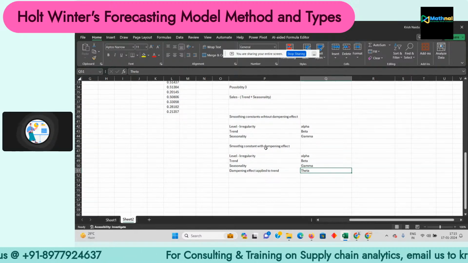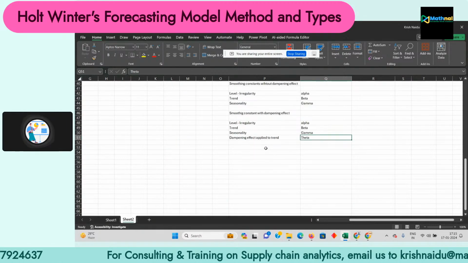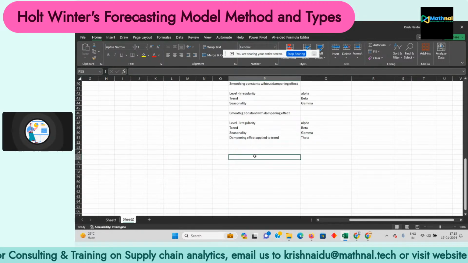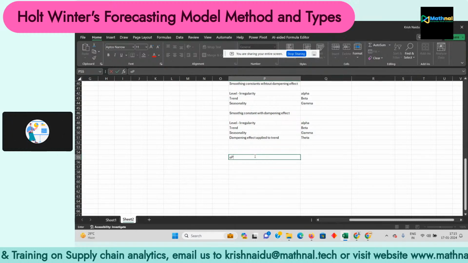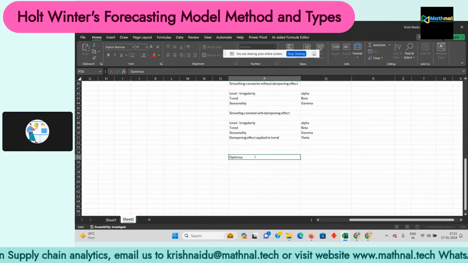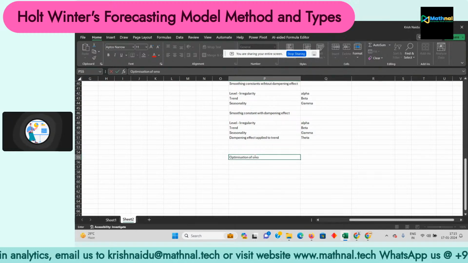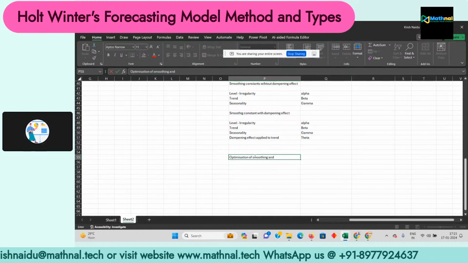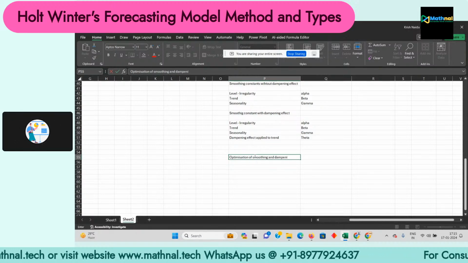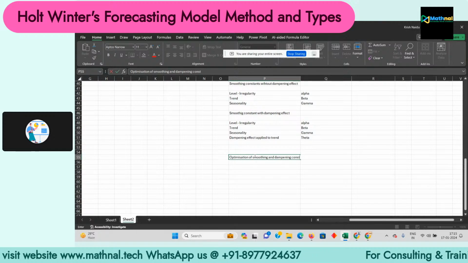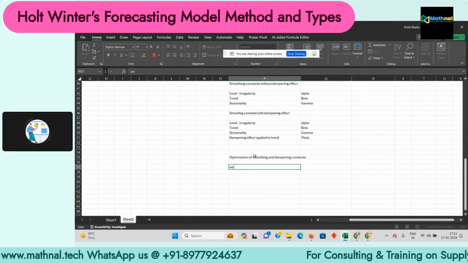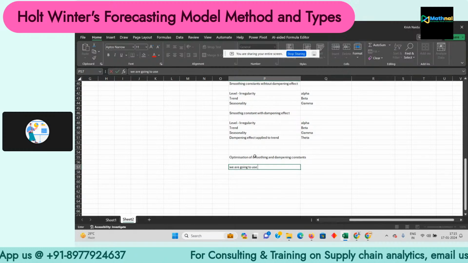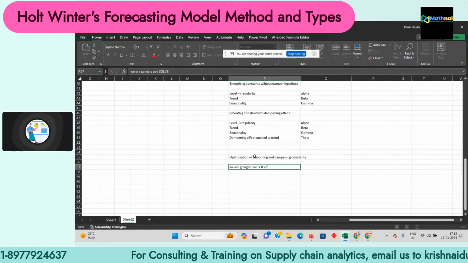Okay, so now the third aspect is the optimization of smoothing constants, smoothing and damping constants. We are going to use an Excel optimization tool called Solver.